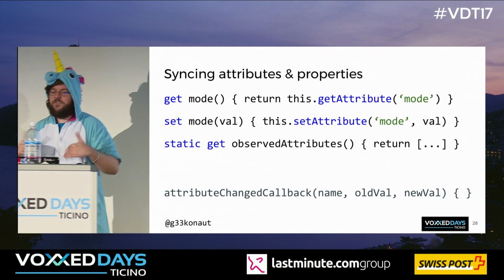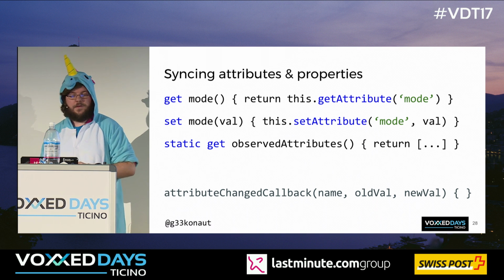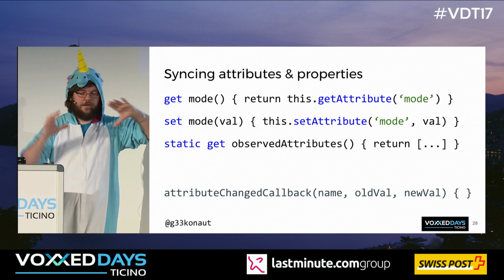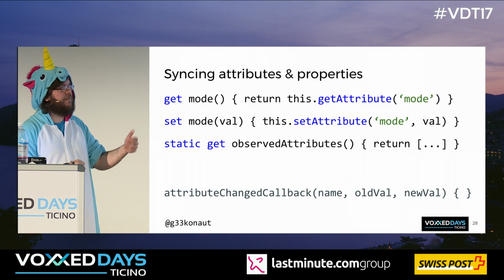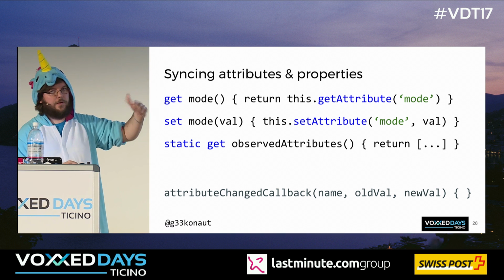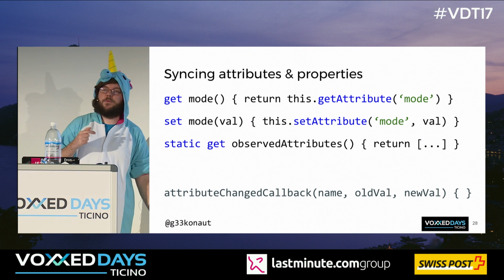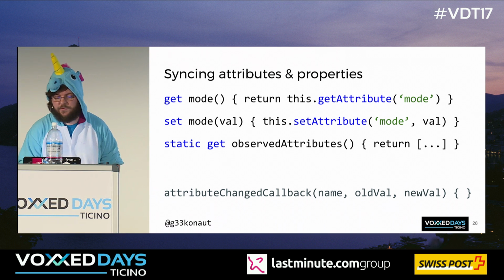Also, if someone literally calls .setAttribute on our element, we can tell the class that we want to observe a certain attribute. We give it a list of the attribute names that we want it to observe, and then when that happens, the browser calls a function called attributeChangedCallback, which gives us the name of the attribute that has been changed, the old value, and the value after the change. So we can do that as well.